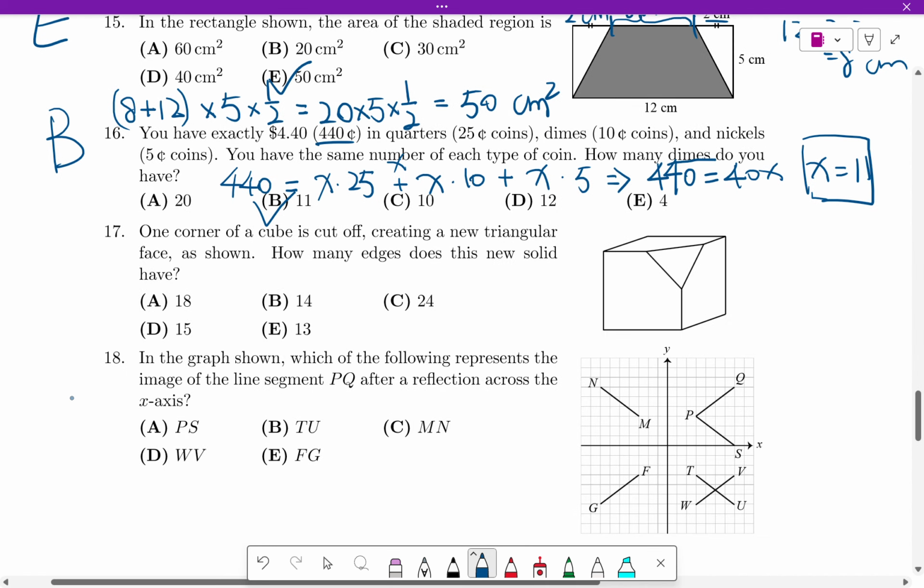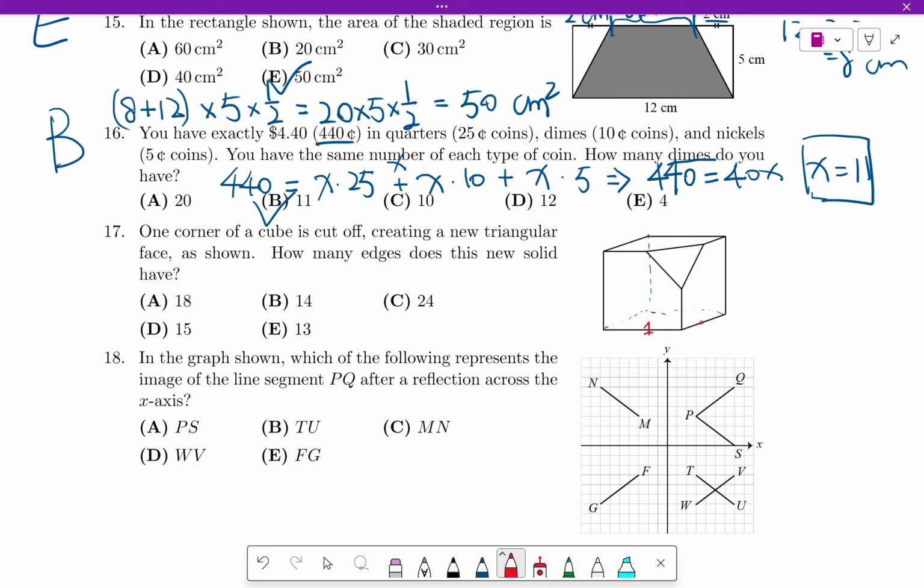Question 17. One corner of a cube is cut off, creating a new triangular face as shown. How many edges does this new solid have? If we trace the other side of the cube out, it will look something like this, and we can simply count from the bottom.